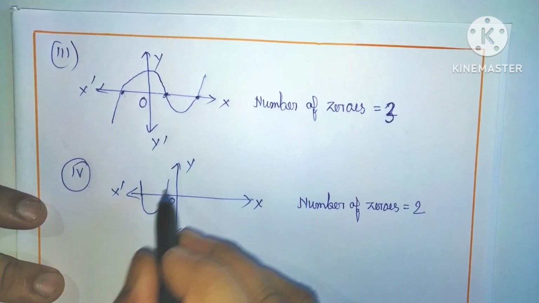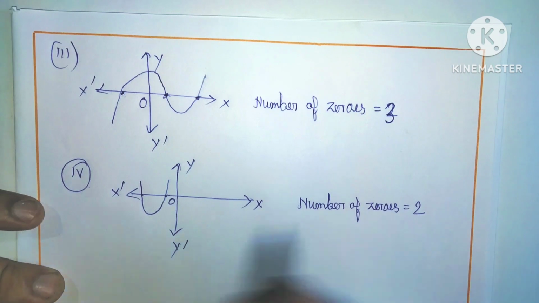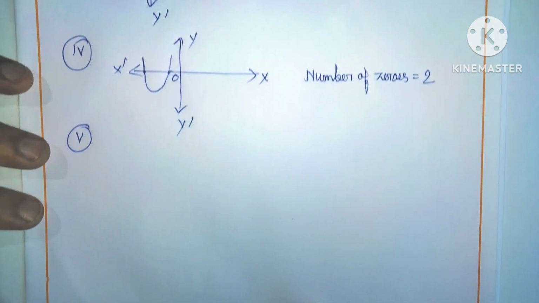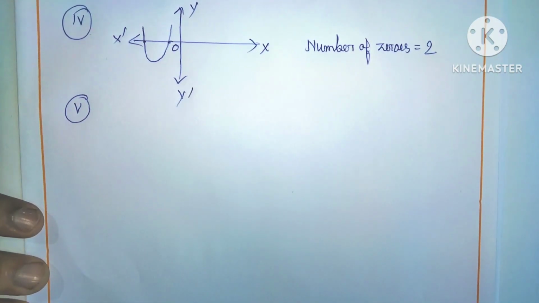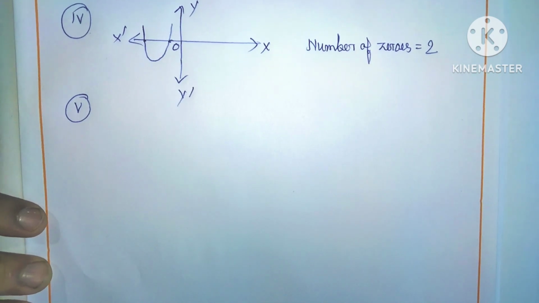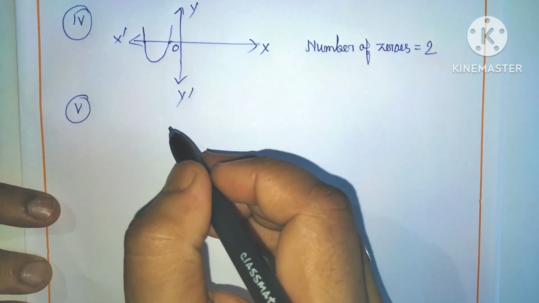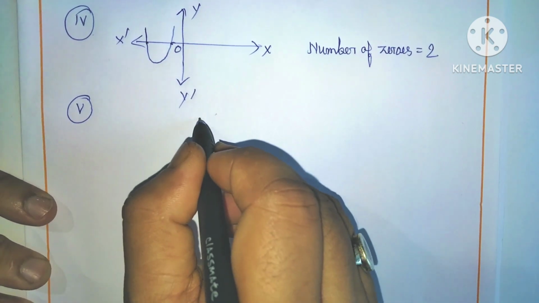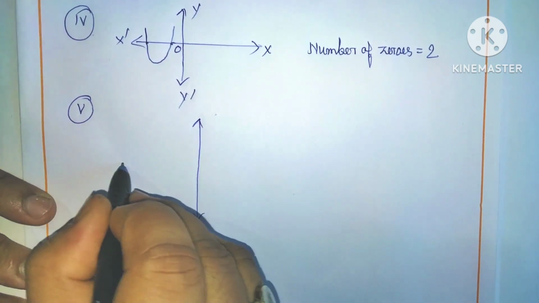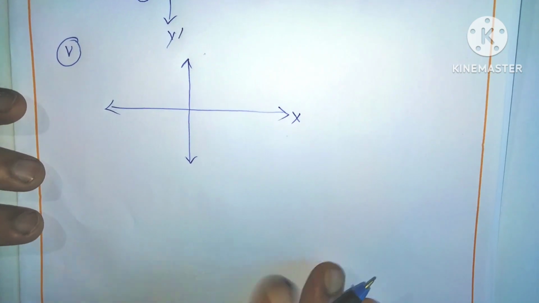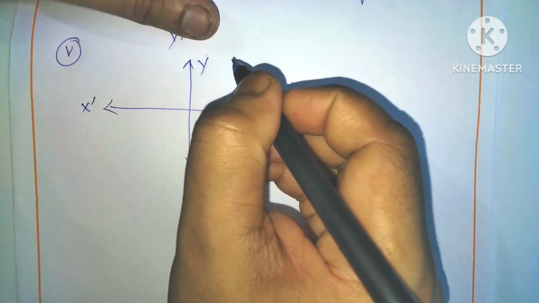Next, this graph cuts the x-axis at 2 points, so the number of zeros is 2. Again, number 5. X dash, y dash.